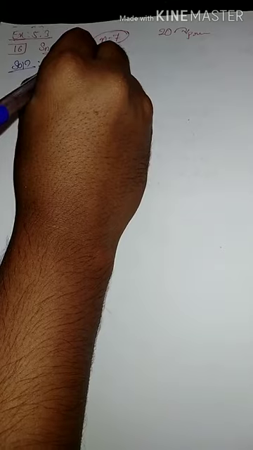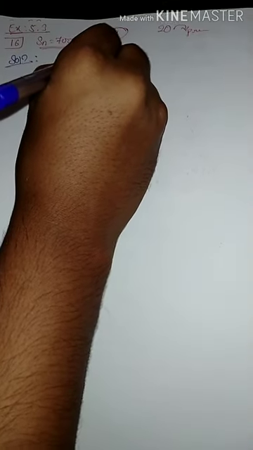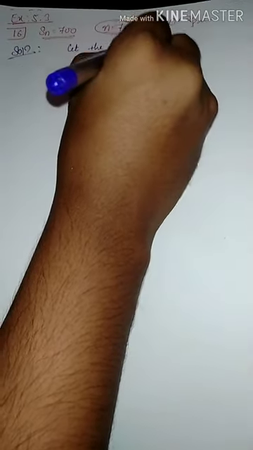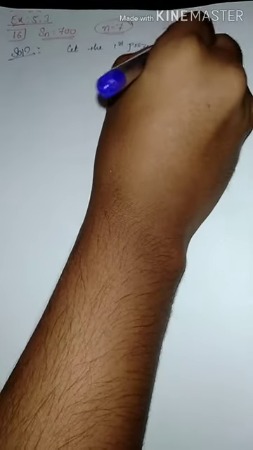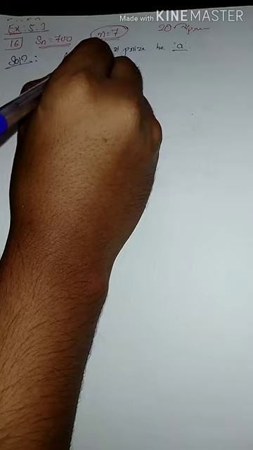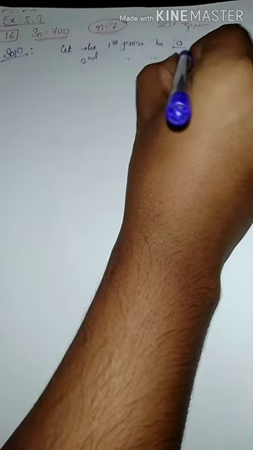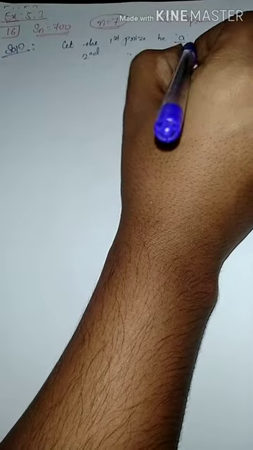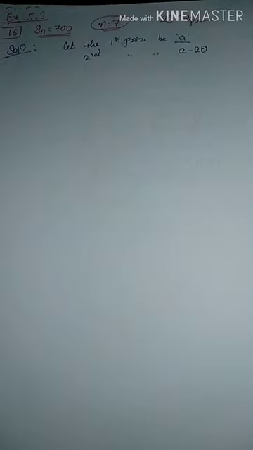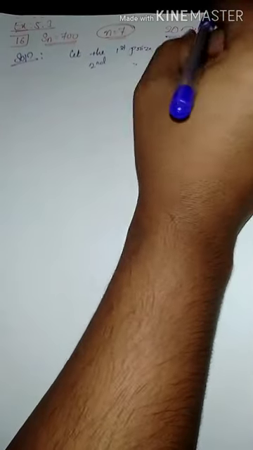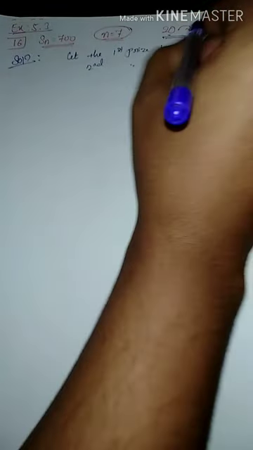Let us imagine that the first prize is A. So here, let the first prize be A, and the second prize be A minus 20. Why A minus 20? Because in the question it is given, each prize is 20 less than its preceding prize.